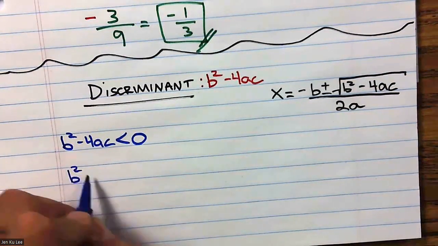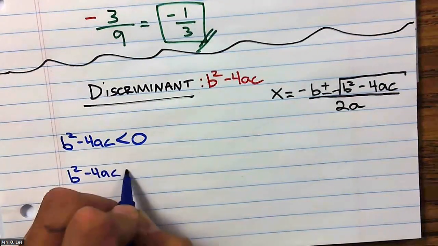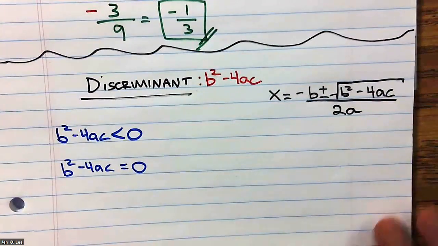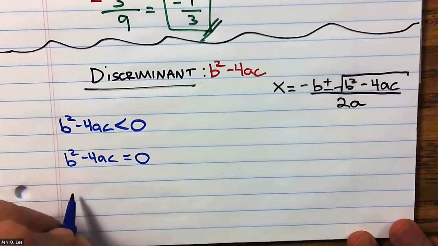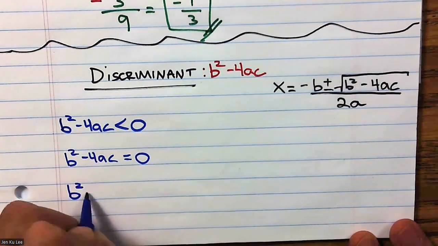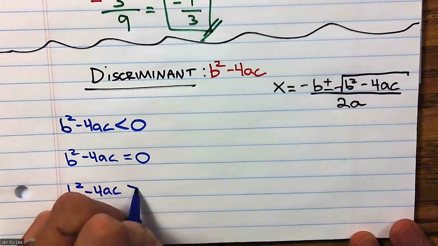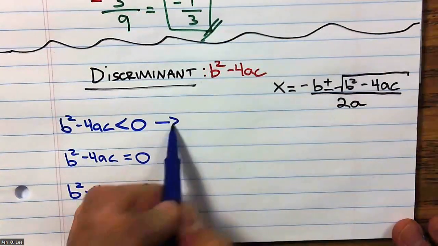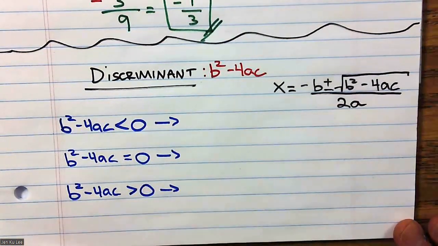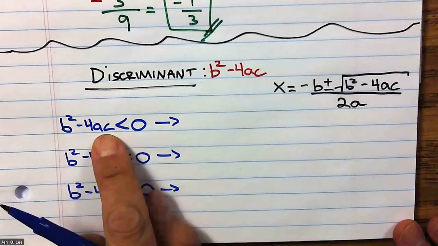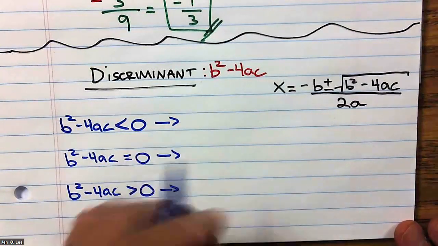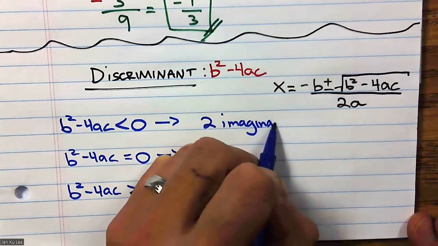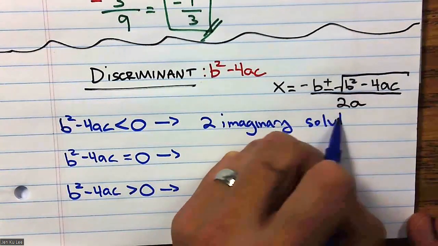And if b squared minus 4ac equals 0, we have a certain number of solutions and what type it is. And if b squared minus 4ac is greater than 0, what's going on? Okay. If b squared minus 4ac is less than 0, then I would have 2 imaginary solutions.